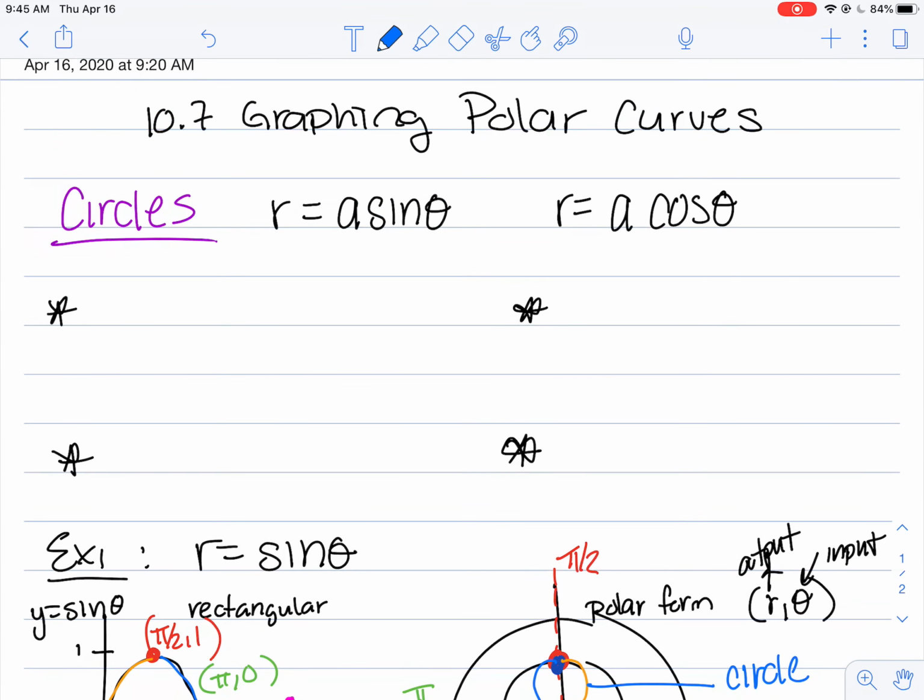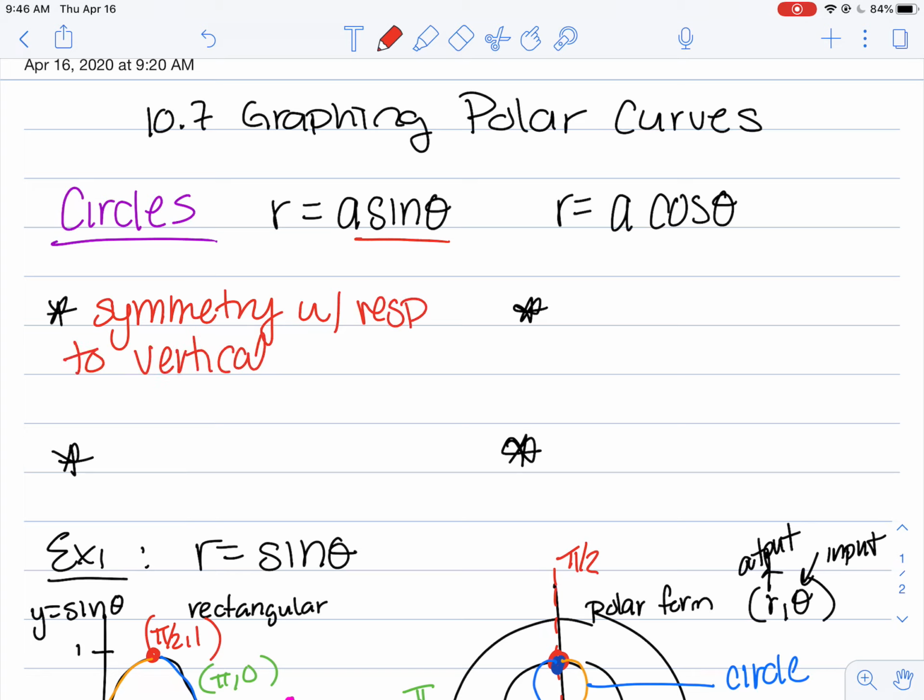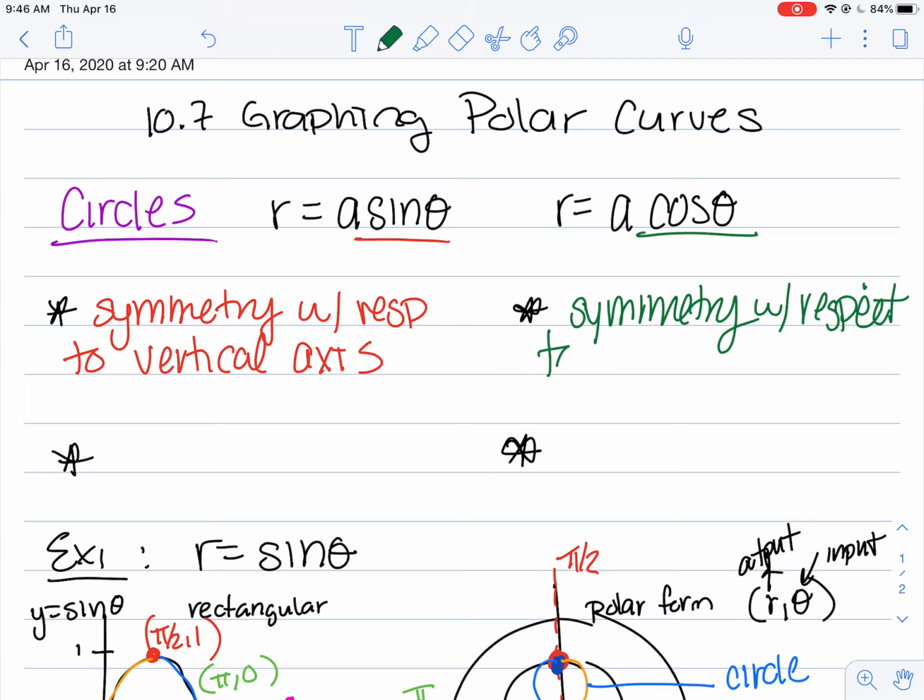What I was trying to get at was that if it's going to be a sine function, you're going to have symmetry with respect to the vertical axis. If it's cosine, you're going to have symmetry with respect to the horizontal axis.